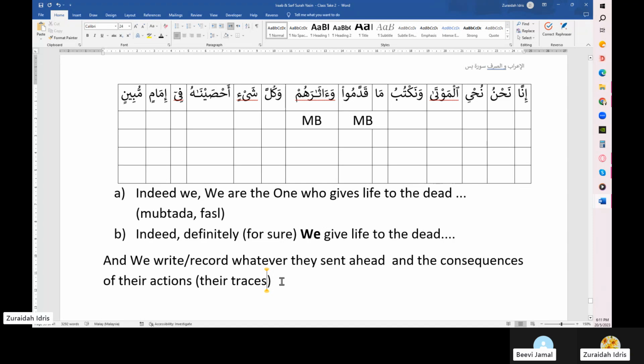So we have to make sure it's in the world. So you want to say what they left behind? Or you can say, and the consequences of their actions which they have left behind. That will be too long. Or their traces. Let's see.